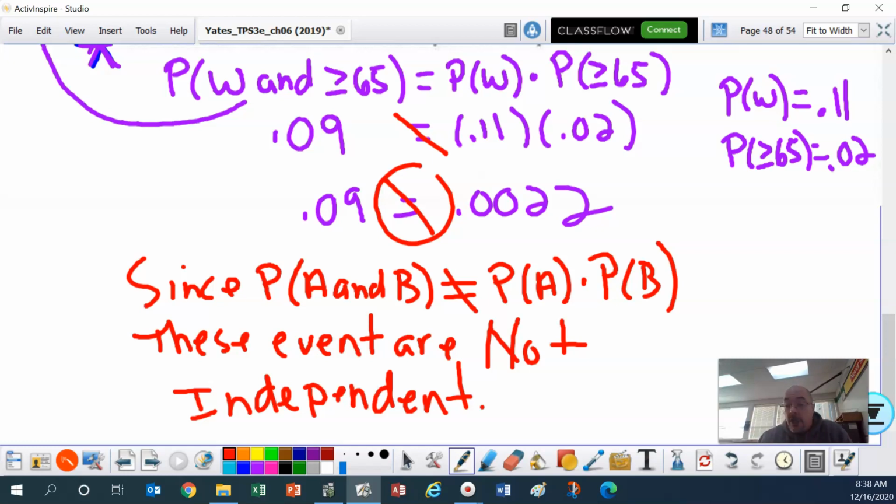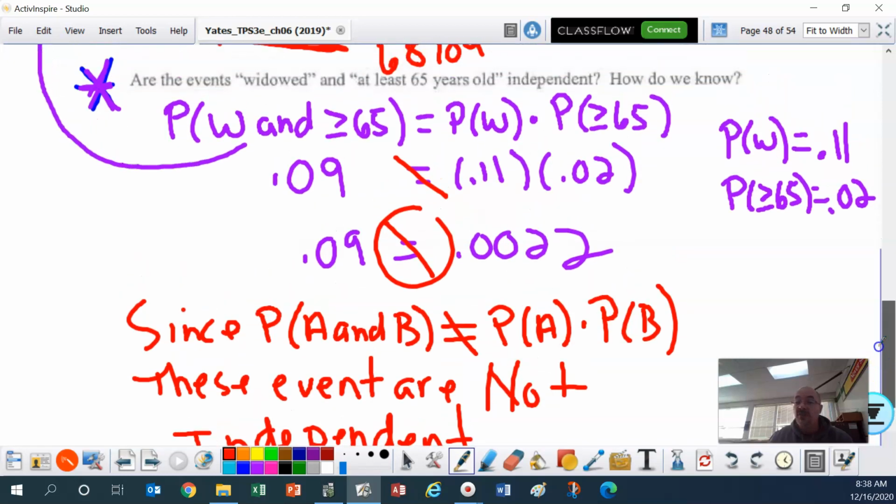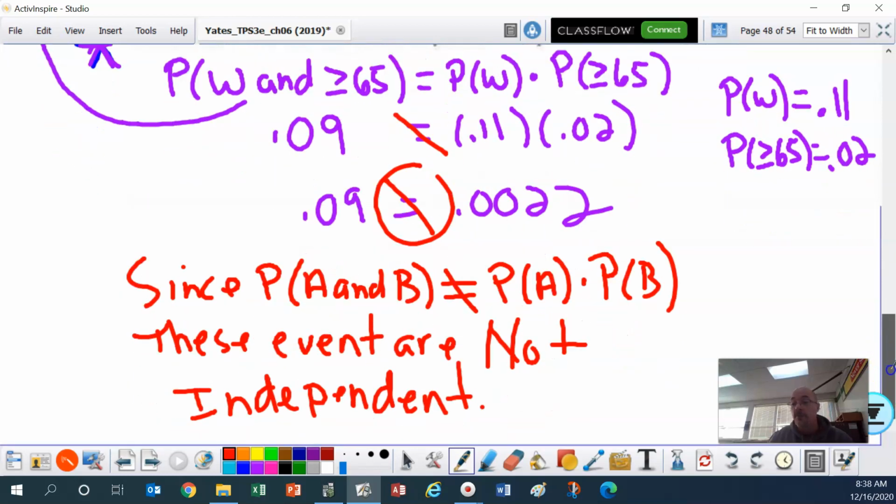If they equal each other, we can say they are independent. But since they are not equal to each other, they are not independent. Highlight this problem, star it, do something to remember that.